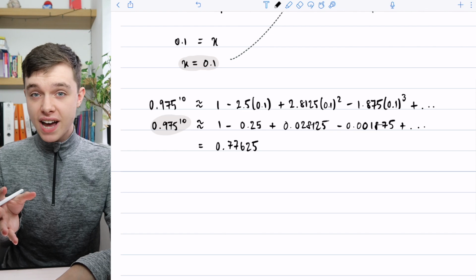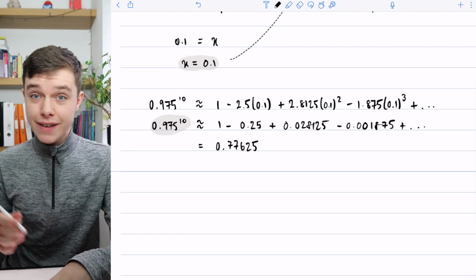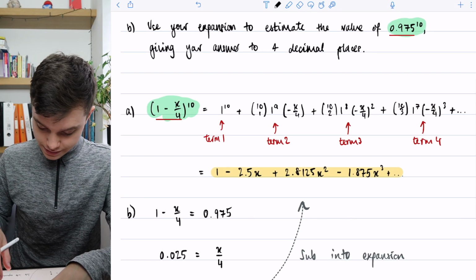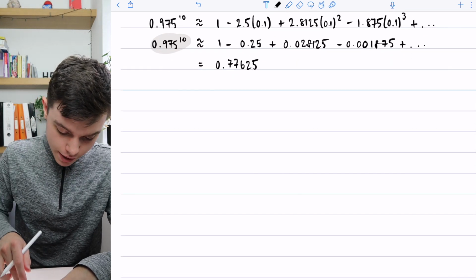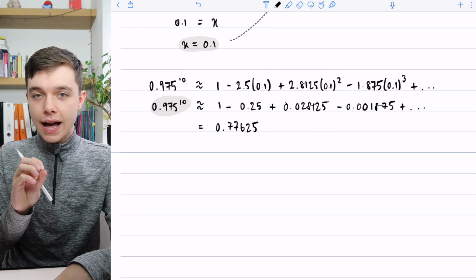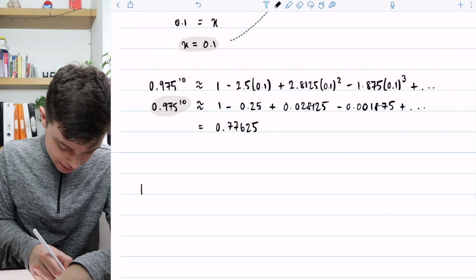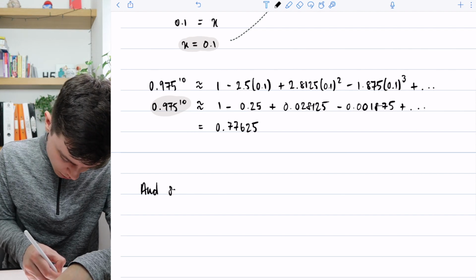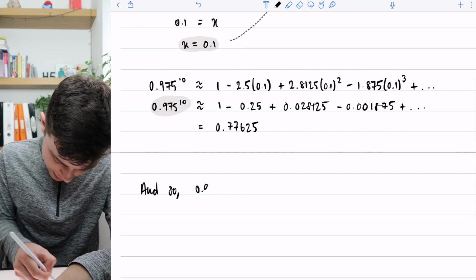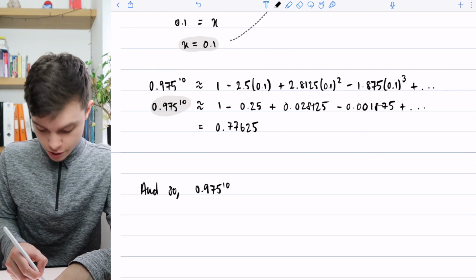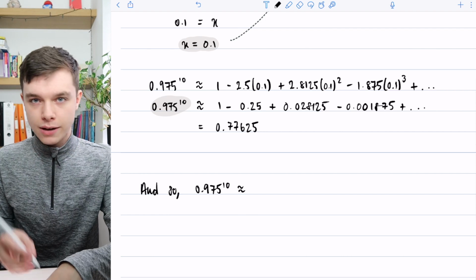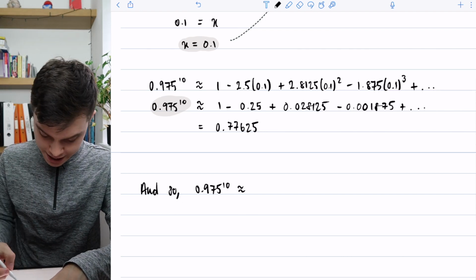So then we need to finish our answer, so all we have to do is give it to the decimal places that we needed to give it to. So 4 decimal places is what we wanted, and I always like to write a little statement at the end. We were trying to approximate, I'll put answer, so we were trying to approximate 0.975 to the 10, so it's not equal to, it's approximately equal to, so a curly equal sign.